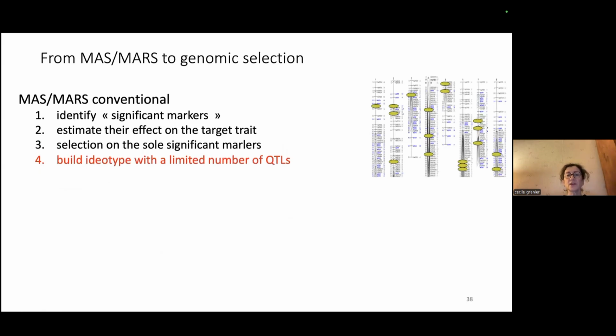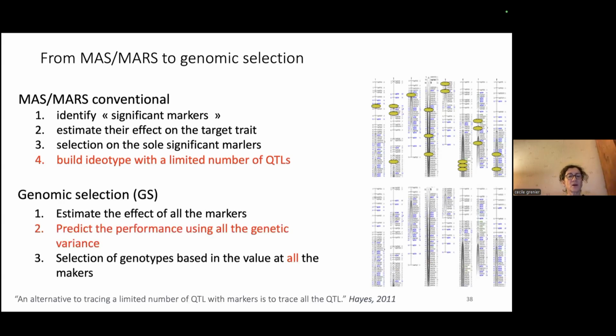So this is a very big change where, from marker-assisted selection to genomic selection, we went from identifying significant markers, estimating their effect on the target trait and selecting on the sole significant markers to build an ideotype with a limited number of markers, to genomic selection where you estimate the effect of all the markers, so potentially several thousands of markers, and predict the performance using all the genetic variants to select the genotype based on the value of all the markers.